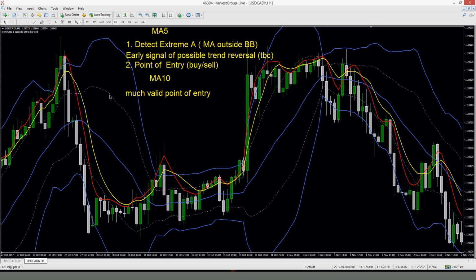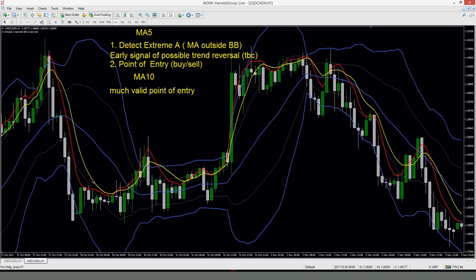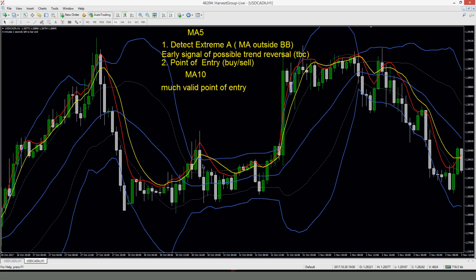As you can see here, the candle rejects MA high 5. We also need to revert back to the initial function of the Bollinger Band, which is to contain all moving averages and candlesticks within the BB. As you can see here, there are two things happening outside: the candles are outside of the Bollinger Band, and both moving averages are outside of the Bollinger Band. So obviously the price needs to reverse in order for the candles and moving averages to get back inside the Bollinger Band.